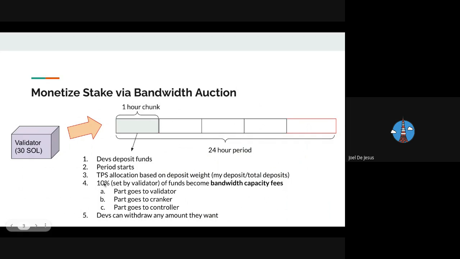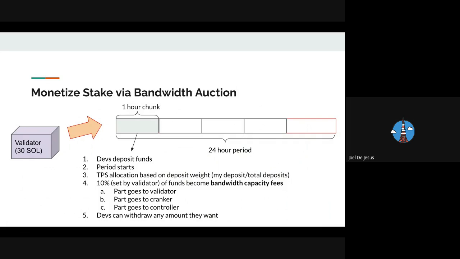So, I'm on number 4 right now. Miguel, do you have any questions so far about TPS allocation? It's basically however much you deposit, take a ratio, and that's your allocation. Yep, I think I got it. Okay, and the TPS number comes from the total network capacity plus whatever bandwidth the validator gets with the leader.